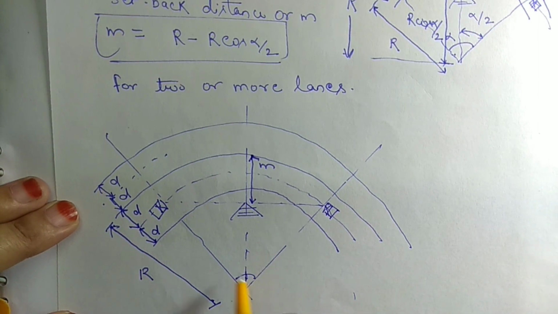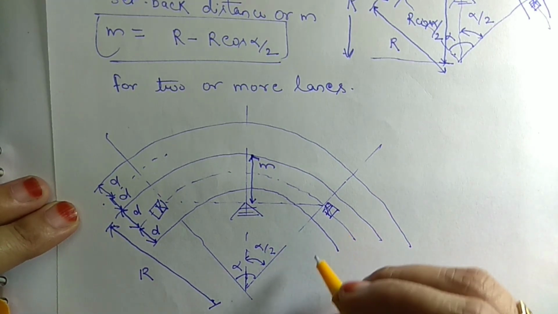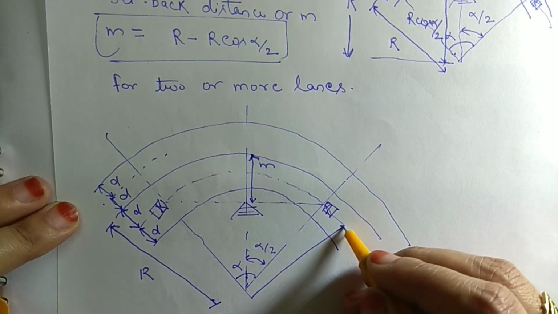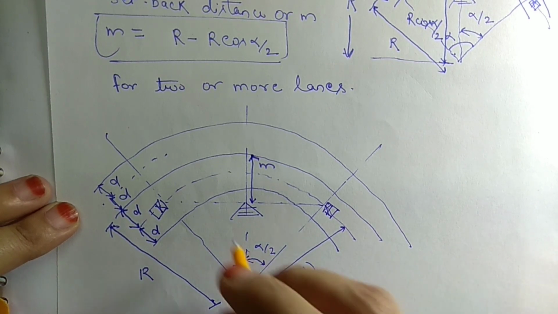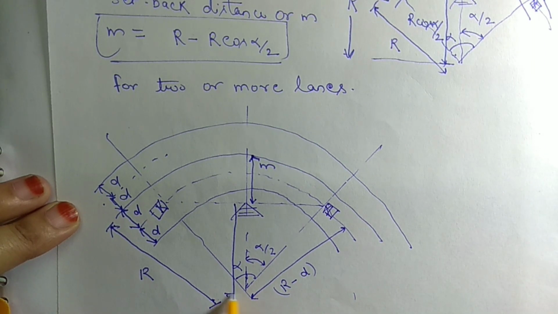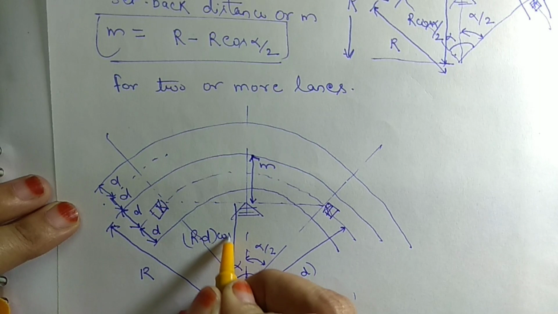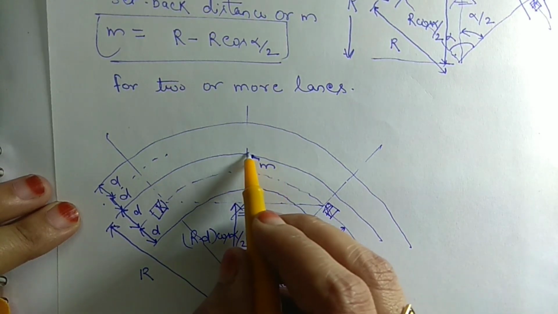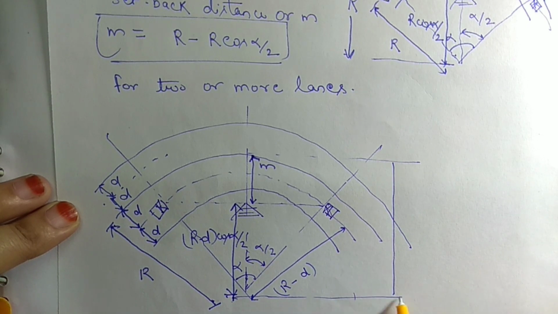If this angle is alpha, then this angle will be alpha by 2. Geometrically, this distance will become R minus D, and this distance will be (R minus D) cos alpha by 2, and this distance is R, again the radius of circle.